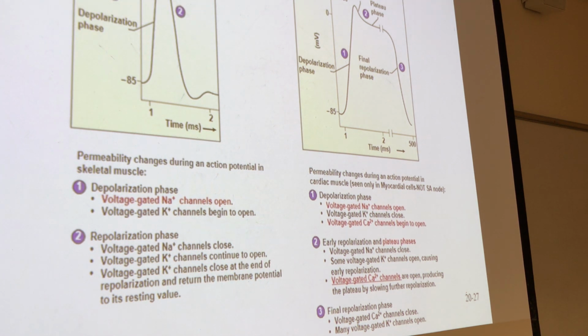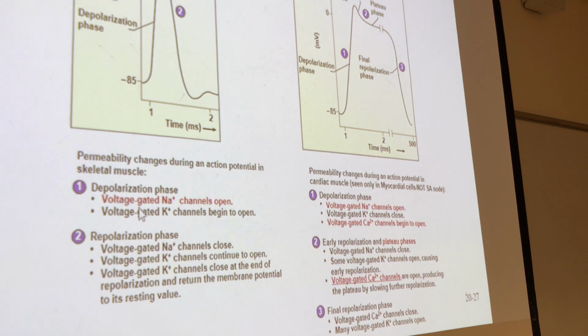The big difference is what we call the plateau phase, right? This plateau phase right here is what allows us to go from 1 millisecond to 500 milliseconds. It's only found in our cardiac muscles. And this plateau phase is due to voltage-gated calcium channels. So we didn't see that in the skeletal muscle because we didn't need it in the skeletal muscle.